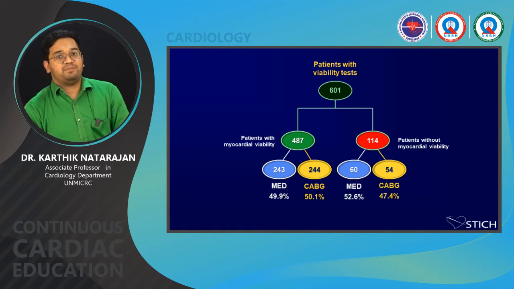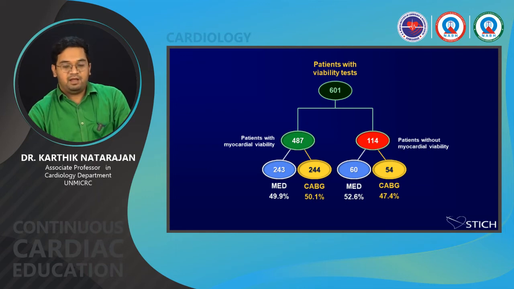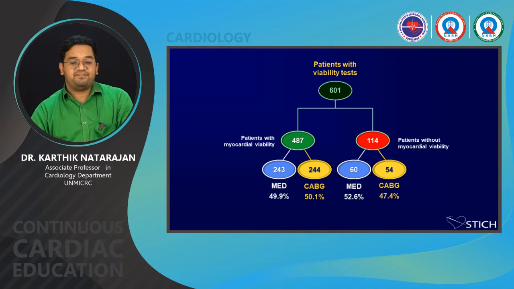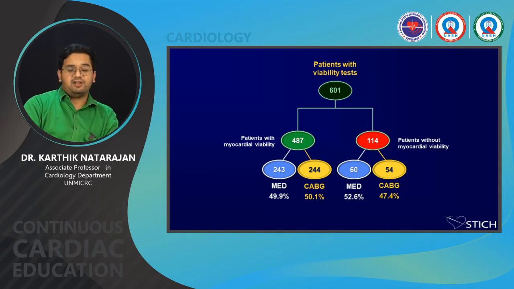So the STICH trial was basically the trial in which around 1,200 patients were incorporated. And out of that, 601 patients underwent viability testing. The viability testing modality used in STICH was, in 3/4 of the patients, a SPECT scan with thallium or sestamibi, and around 150 patients, about 1/4, underwent viability testing with DSE.